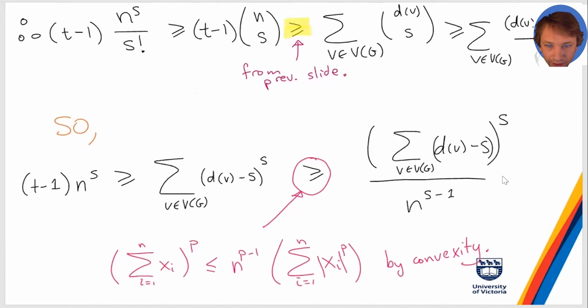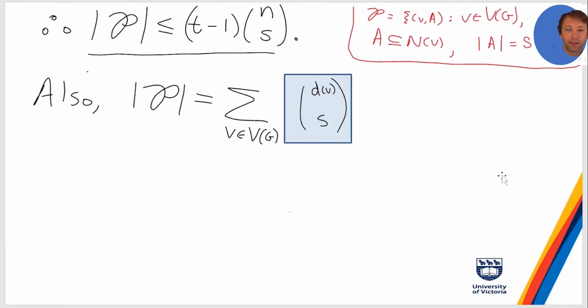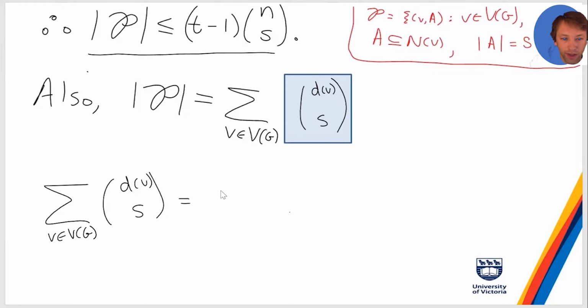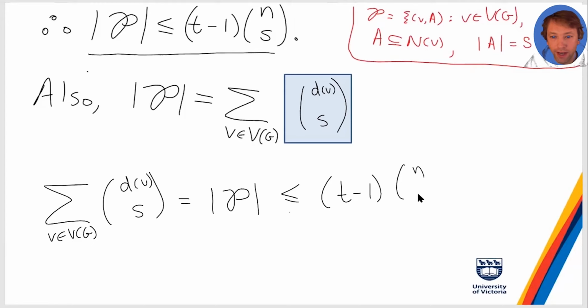This is kind of ugly, but the point is that the sum of the degrees choose S is equal to the number of these pairs, which is at most T minus 1 times n choose S.